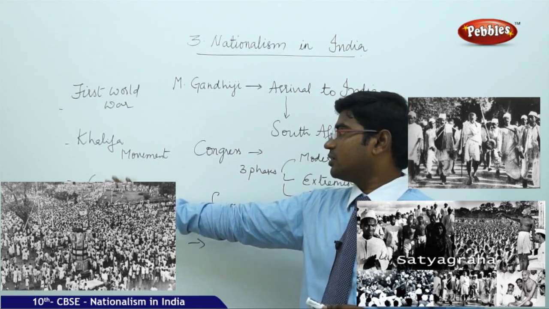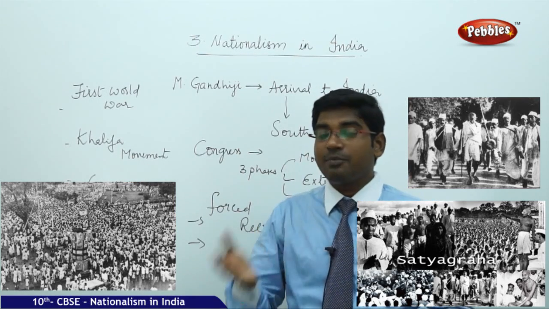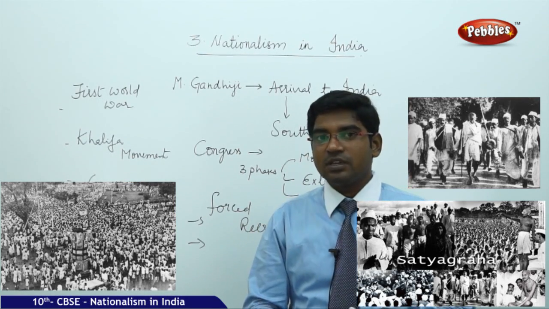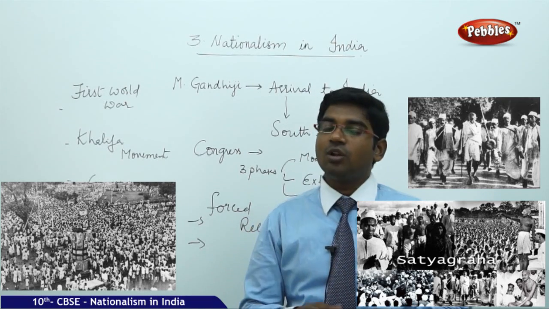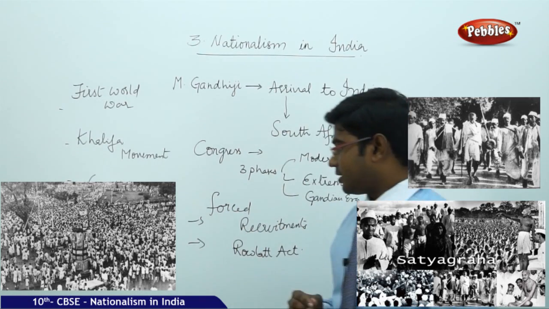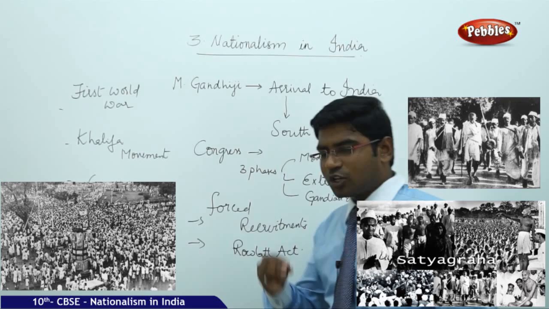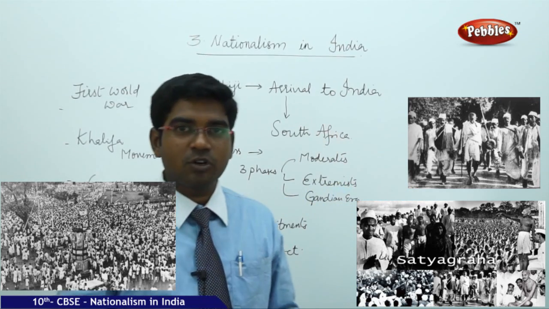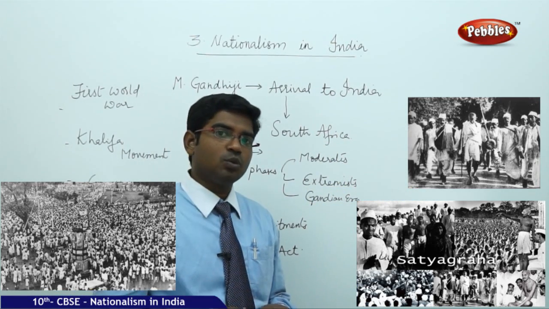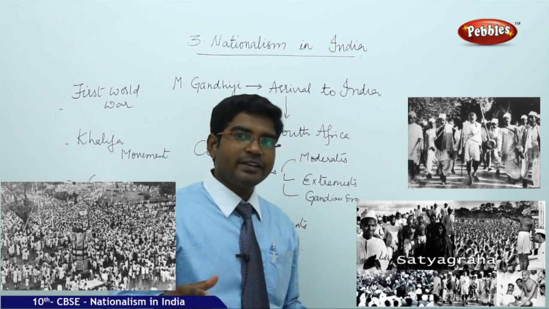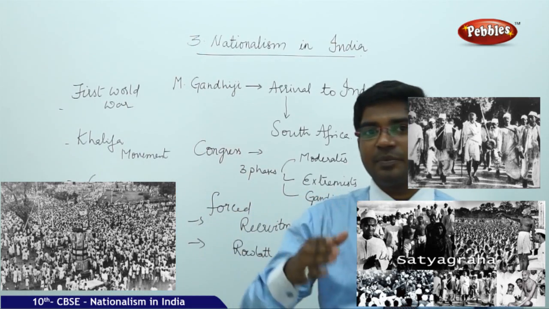So, he joined the Khalifa movement, but before that, he had observed the Rowlatt Act. The Rowlatt Act is considered a cruel joke on Indian democracy, or on the Britishers' rule, because we can't call it Indian democracy as India did not get its independence by that time.